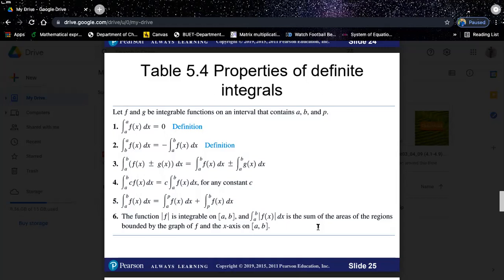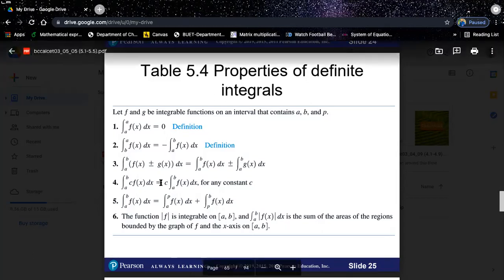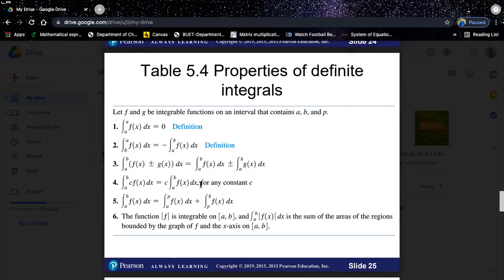And if you multiply that constant to that definite integral, you'll still get the same result. This is what it means. And as I said, the idea is exactly the same as what we have done for the derivatives, right?